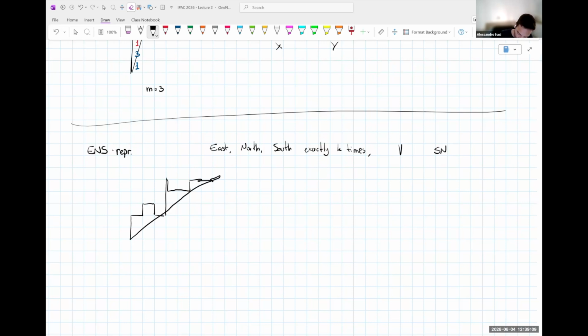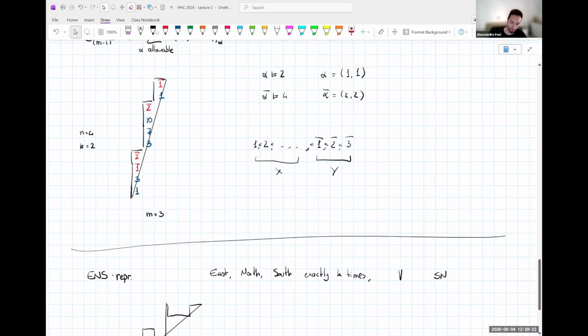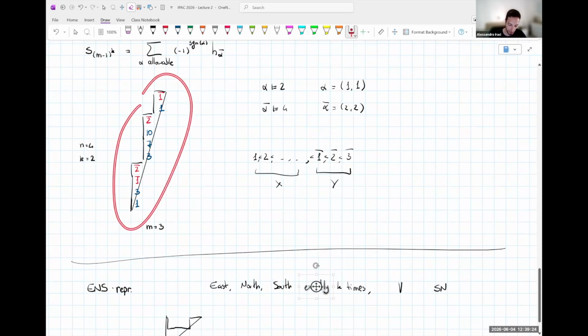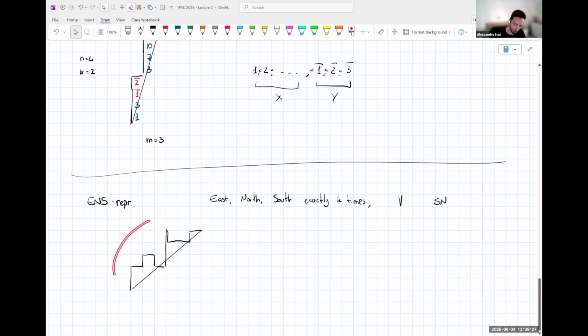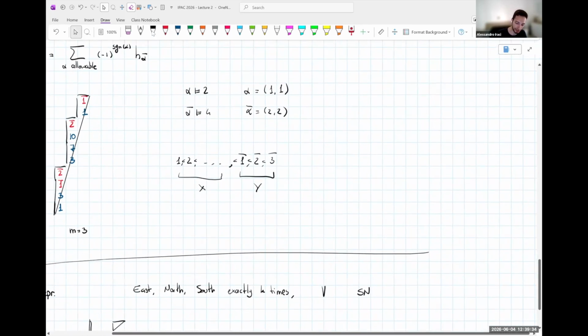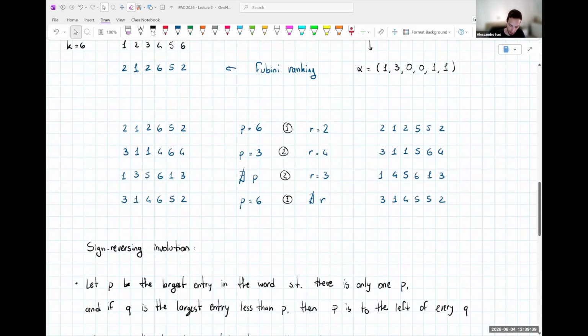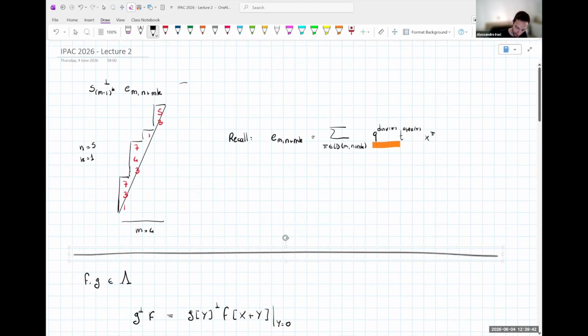And then this one here doesn't even stay above the main diagonal, but this is actually a requirement that we don't need. So if we start from something that stays above the main diagonal here, we will end up with something that's above the main diagonal here, but we can completely disregard this restriction. And what happens, at least conjecturally, is that here, instead of EMN, we can plug in PMN.